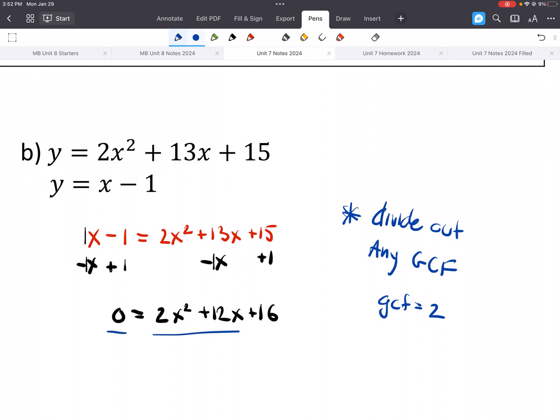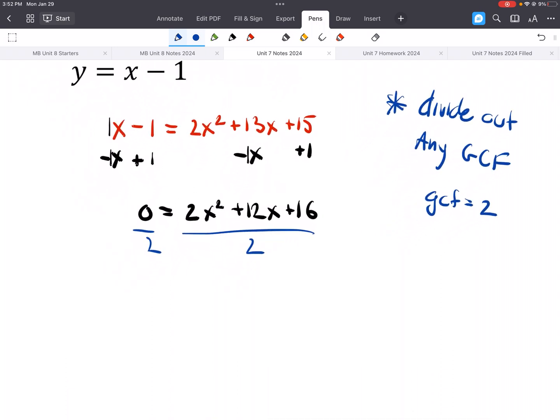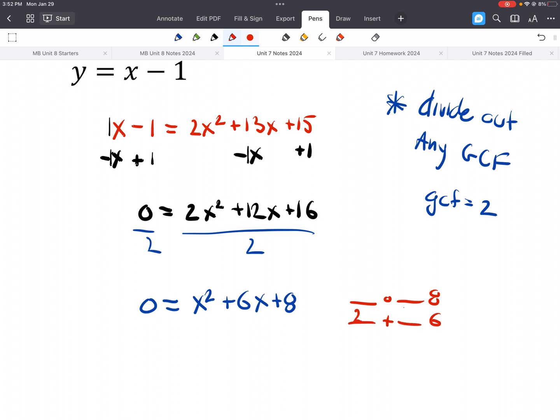So we'd want to divide both sides by 2. Again, you don't necessarily have to do that all the time, but if you want to use the shortcut, you have to have a equals 1. So here we'll have 0 equals x squared plus 6x plus 8. And then we could use the shortcut. So what multiplies to 8 and adds to give us 6 would give us 2 and 4.